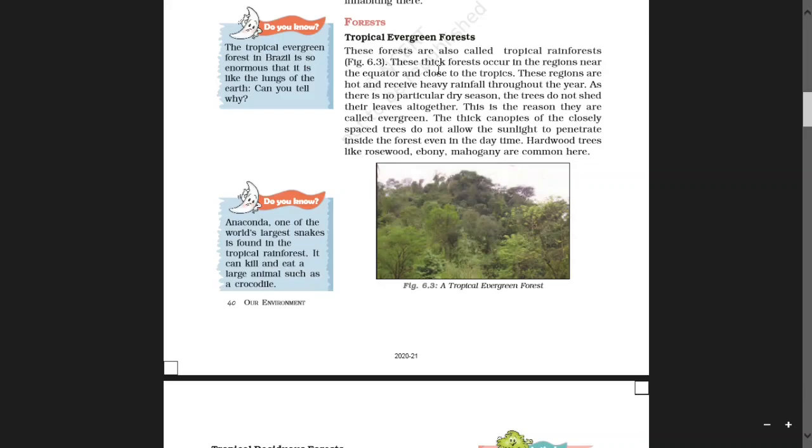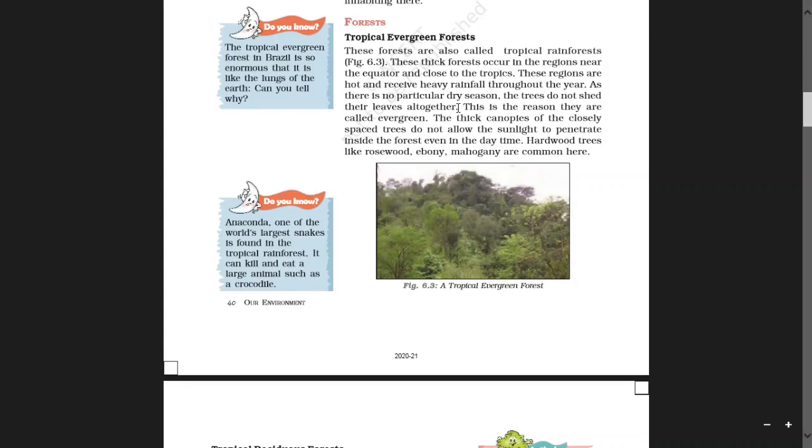These regions are hot and receive heavy rainfall throughout the year. As there is no particular dry season, the trees do not shed their leaves altogether.